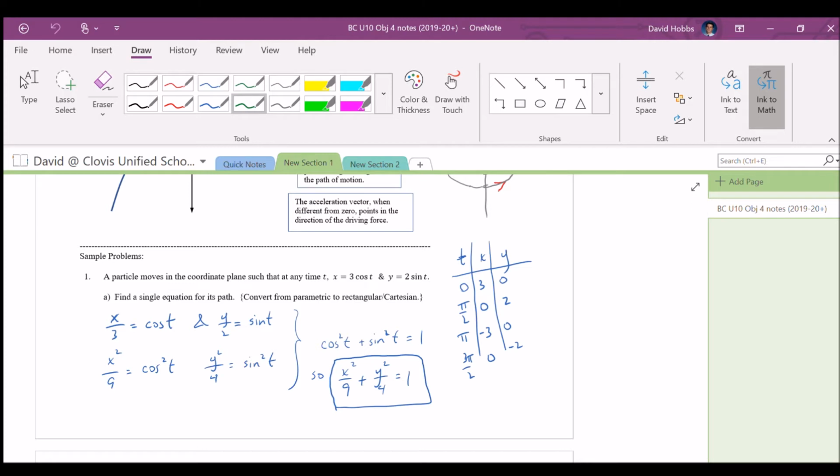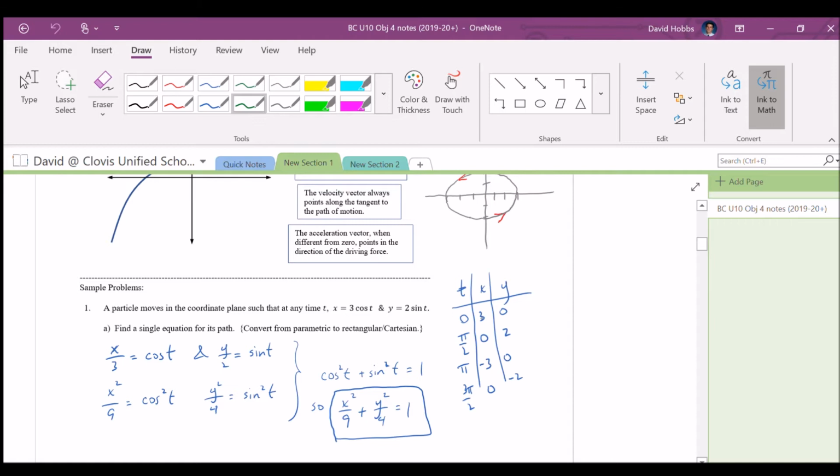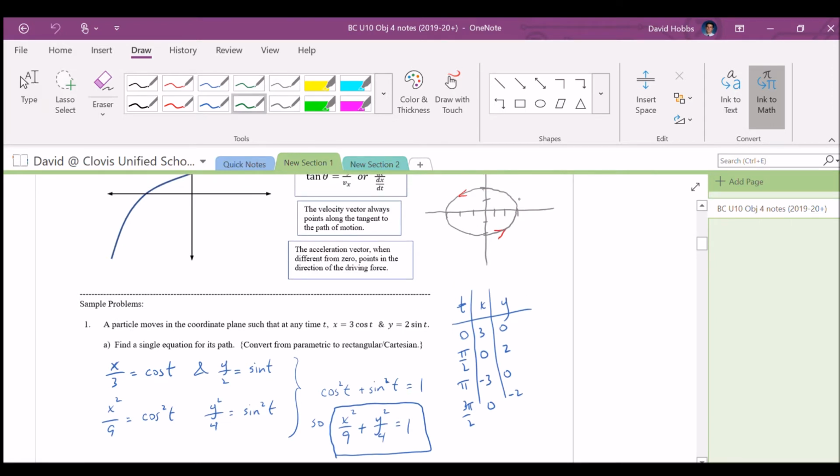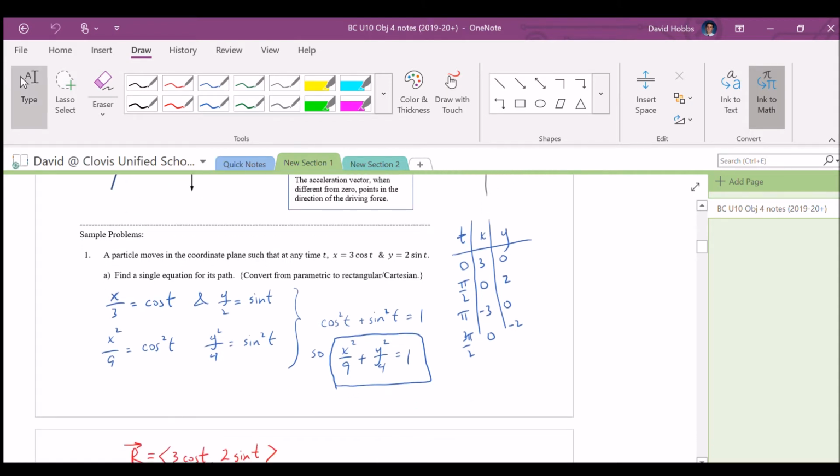We encountered that earlier in the semester. But if we plug in some points, we can see that we're getting (3, 0), and (0, 2), and (-3, 0), and (0, -2), and it just is going around like that. It's the full ellipse. And so that matches up.